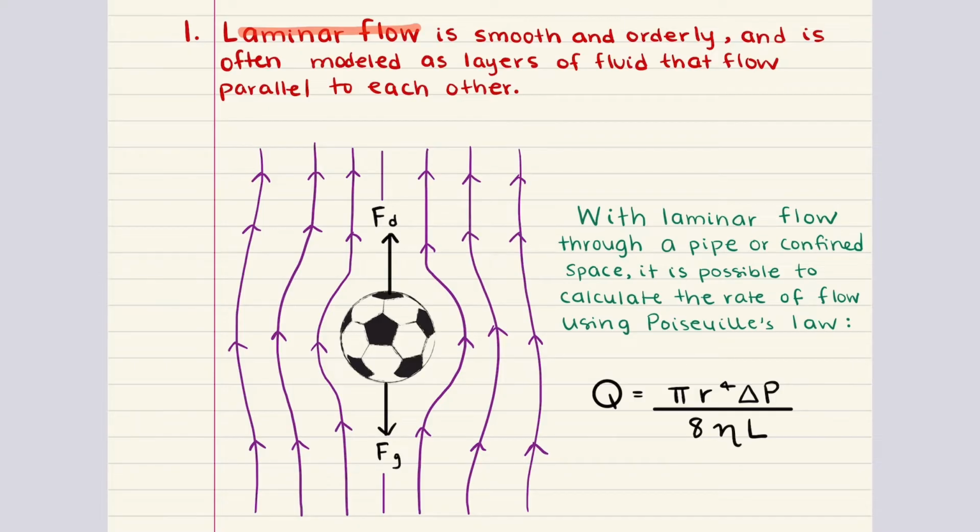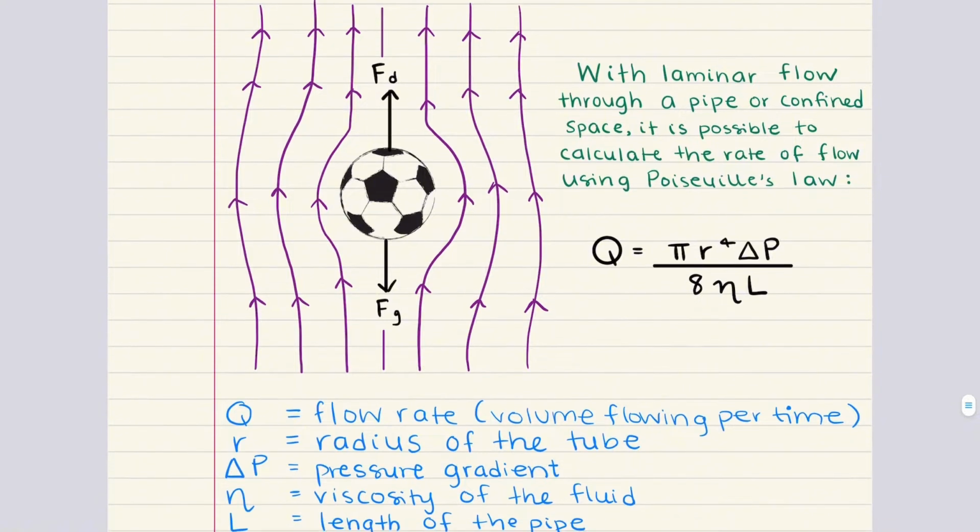Now, the next thing we want to do is dive into what governs this flow and how we can quantify it. When a fluid moves through a confined space like a pipe, several factors come into play. The flow rate, or the volume of fluid moving per unit time, is influenced by a couple of things. It's influenced by the radius of the pipe.